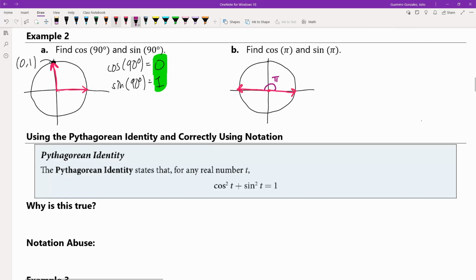So the point that we're looking at is this point over here, and that point is -1, 0. So just as easy as example A, sine of pi is going to be equal to 0, and the cosine of pi has to be equal to -1.